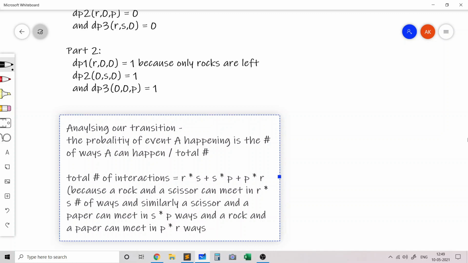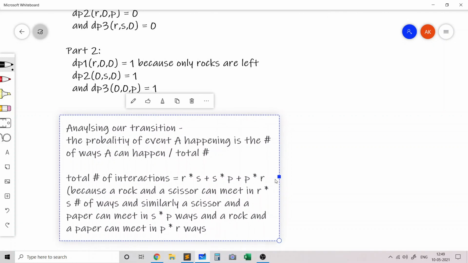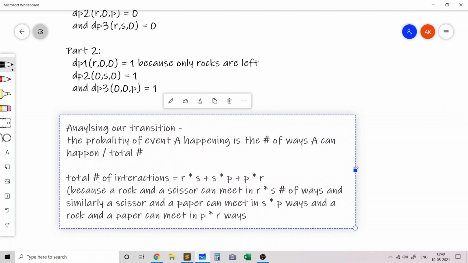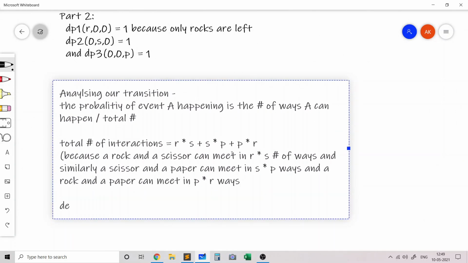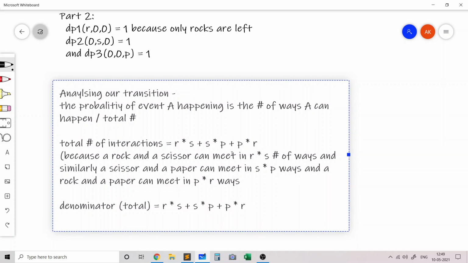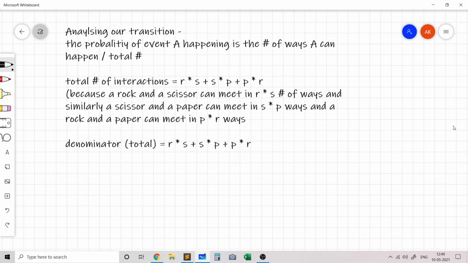So this means the total possibilities would be R into S plus S into P plus P into R. So our denominator, or our total, is R into S plus S into P plus P into R, and then the number of successes.